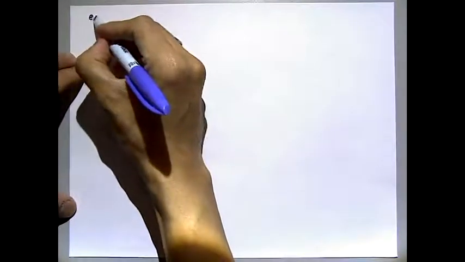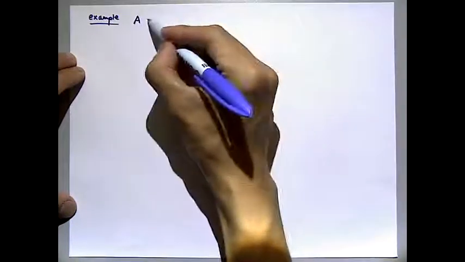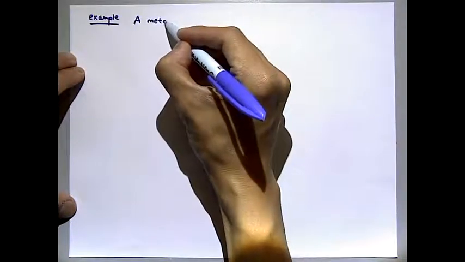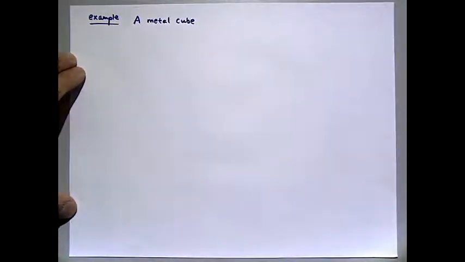Let's do another example involving the change of something. Got a cube that's made out of metal.